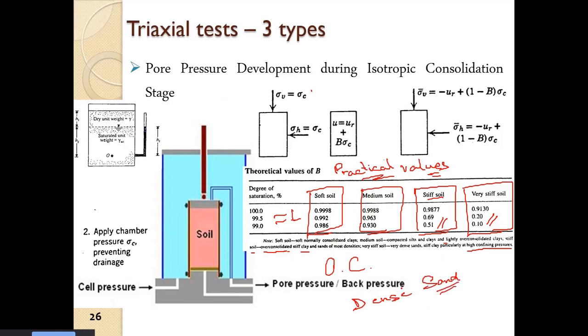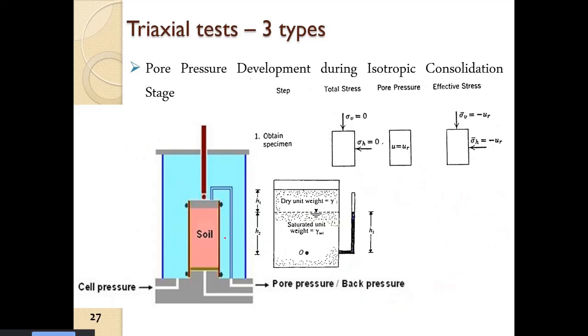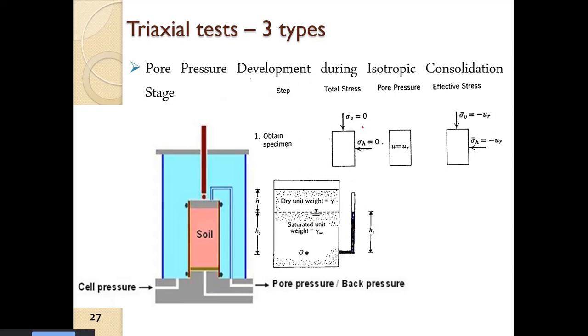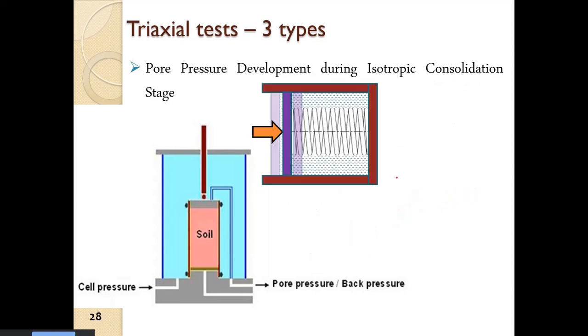Now up to what extent of cell pressure will this behavior continue? To understand that, we already have the soil, subjected to the effective stress state which is this one, and the soil is basically compressed.